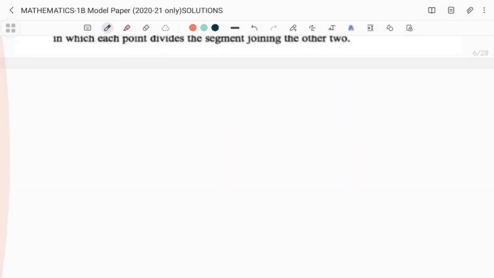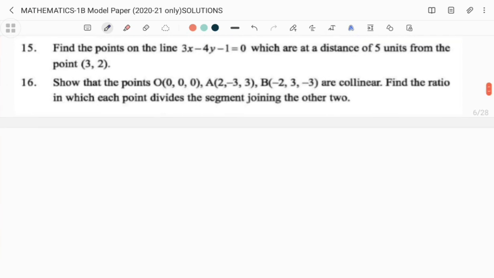Question number 15. Find the points on the line 3x minus 4y minus 1 equal to 0, which are at a distance of 5 units from the point (3, 2). So solution for question number 15. Find the points on the line.